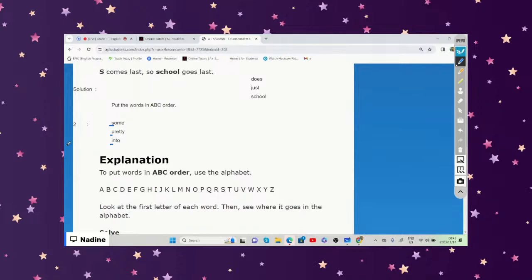So now we need to put these words in the ABC order. And we can specifically look at our alphabet, because they want us to use the alphabet over here. So if we look at the first letter of that first word, it is I, and we can put into.